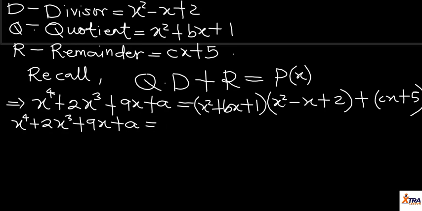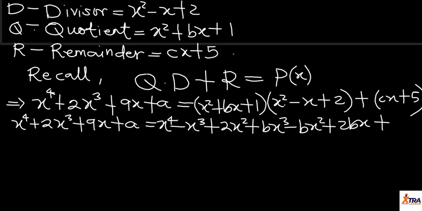I open the bracket here, I'll have x raised to power 4 times this, I'll have minus x cubed from my knowledge of multiplication of polynomials, plus 2x squared, plus bx cubed, minus bx squared, plus 2bx, plus x squared, then 1 times minus x gives us minus x. Then plus 2. Then coming to this side, we have plus cx plus 5. Okay, so that is what we have there.